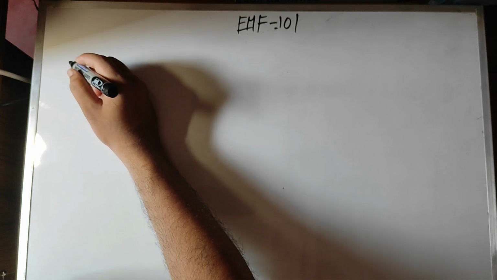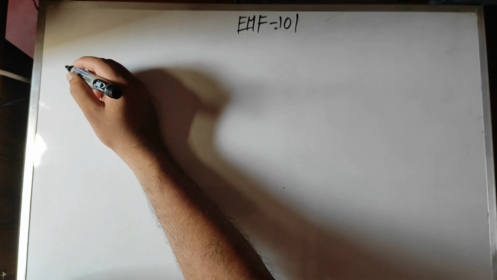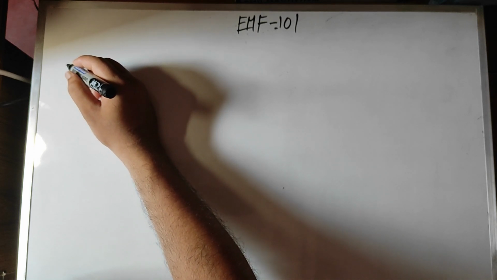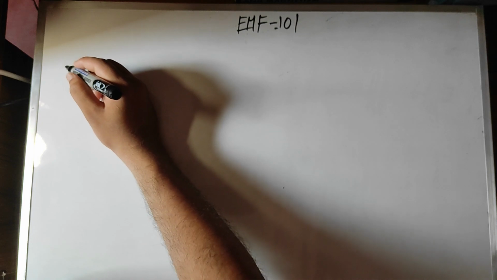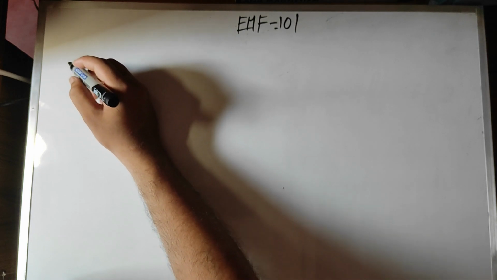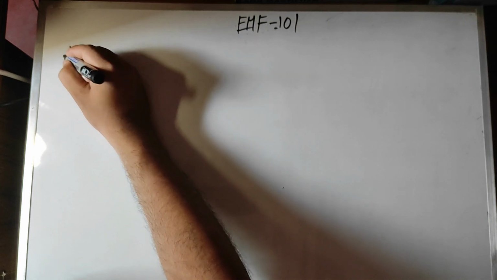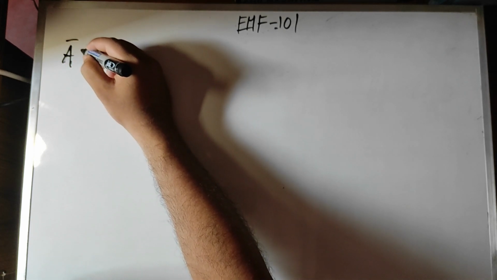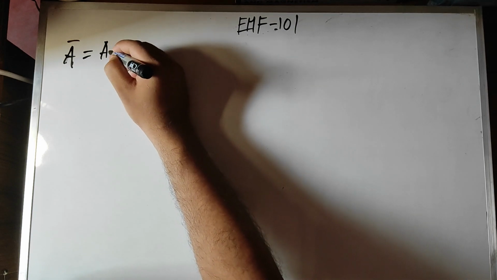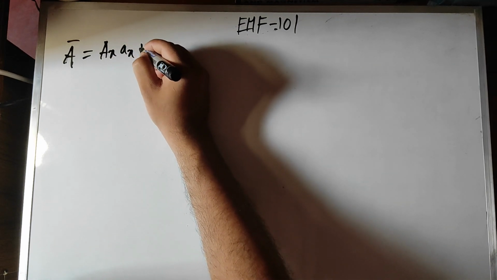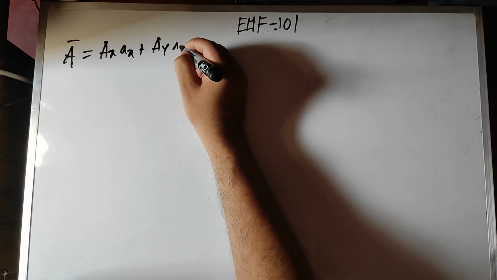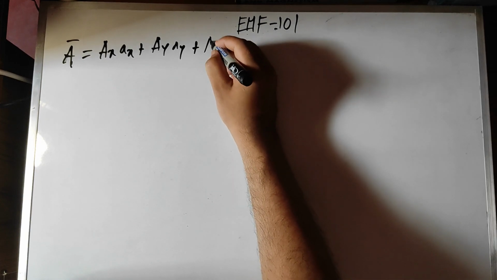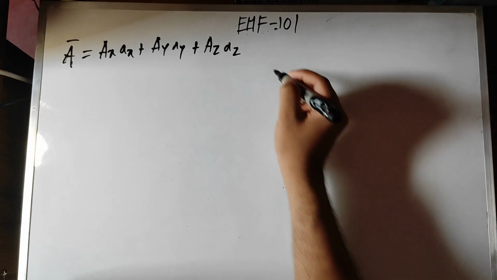To do that, let us first define the vector in Cartesian: Ax ax plus Ay ay plus Az az.